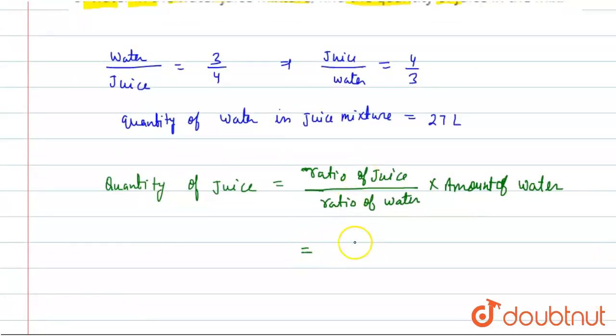Ratio of juice by water is equal to 4/3 into the amount of water, which is 27.